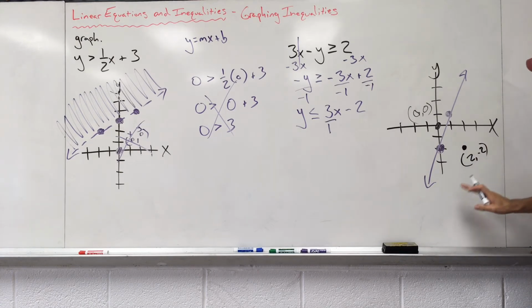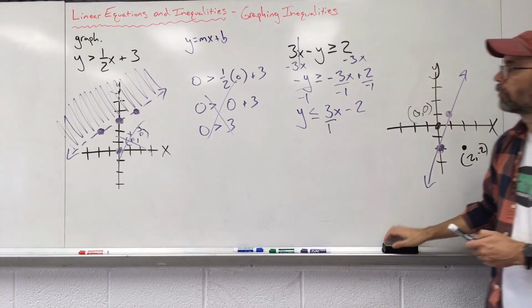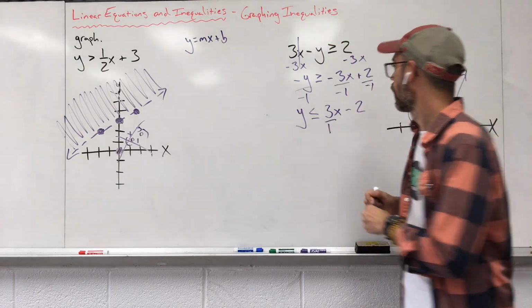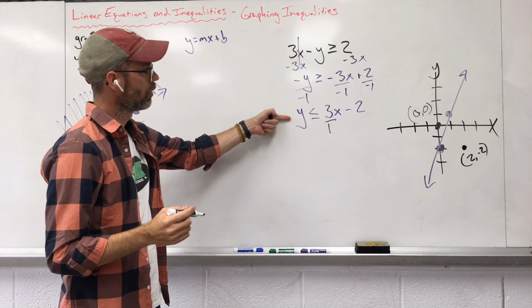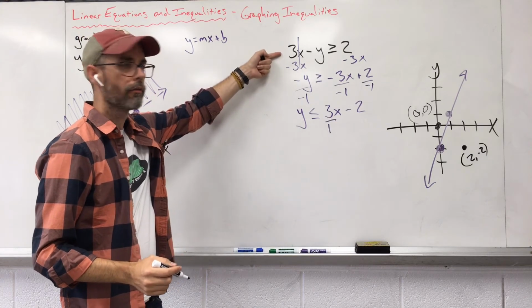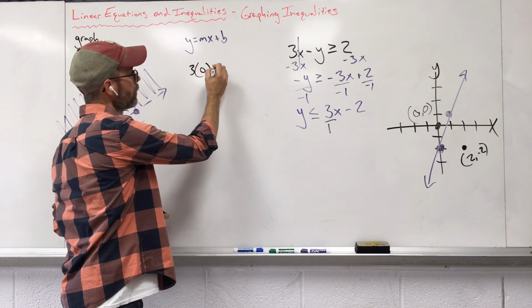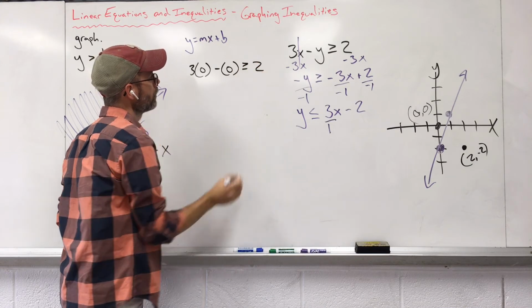Let's see what happens when I plug both of these back into this problem. I want to take 0, 0, and I could plug it back into the original or our new one. I'm going to go back to the original. So 3 times 0 minus 0 greater than or equal to 2.